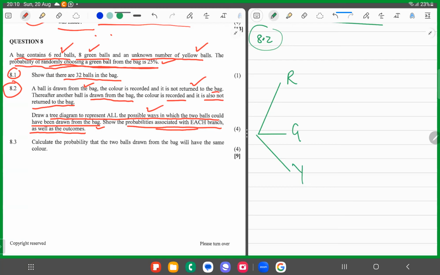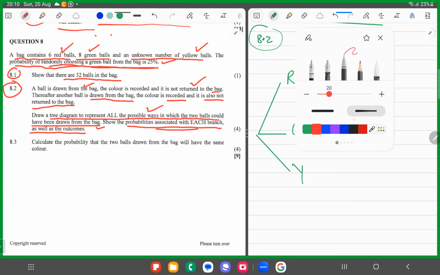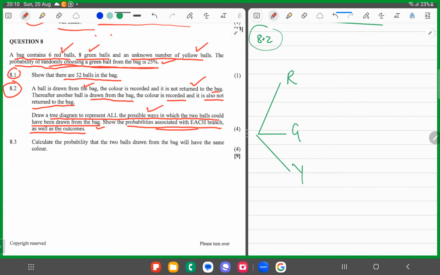We have 32 balls altogether inside the bag, and therefore, how many red are there? There are 6 red. So it's 6 out of 32. How many green? There are 8 green, 8 out of 32. How many yellow?